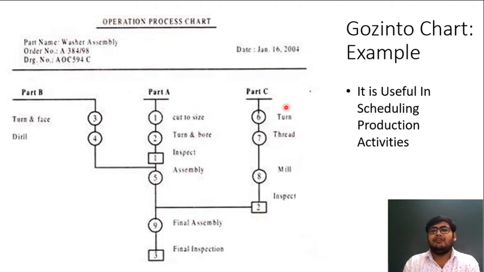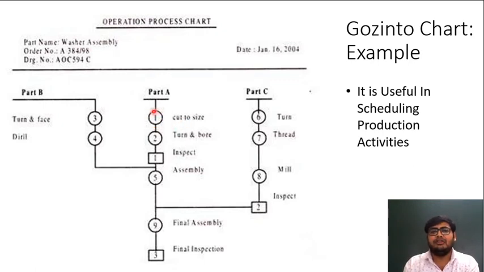Now it will have an idea about the number of parts that go into the assembly. There are mainly three parts: part A, part B, and part C. And how to assemble those parts? First we'll go for part A. We will cut part A to size.